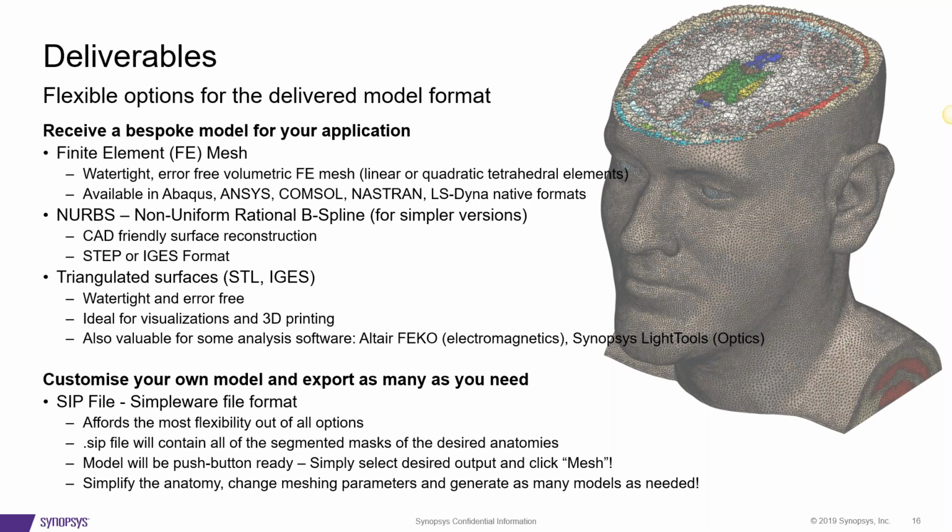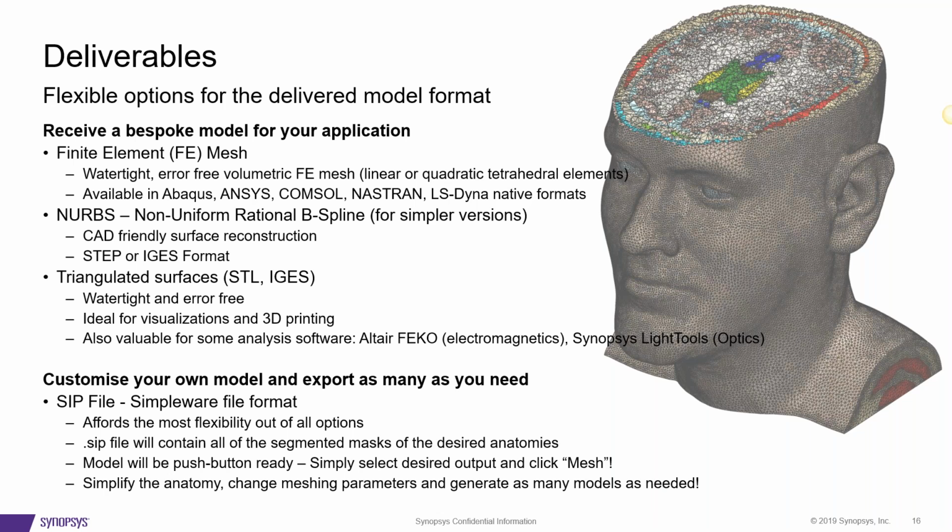We can also offer triangulated surfaces like STLs and IGES models, which are ideal for things like 3D printing, and also can be useful in some more niche analysis software, such as Altair Feko for electromagnetic simulation, and even our own Synopsys LightTools product for optical simulations as well.